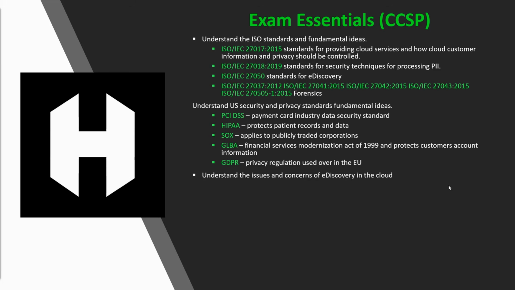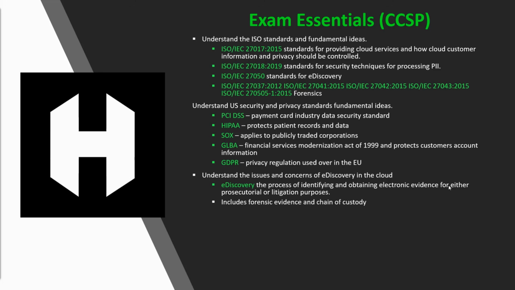Another exam essential that Ben Malisow talks about is understanding the issues and concerns of e-discovery in a cloud environment. Now, e-discovery is the process of identifying and obtaining electronic evidence for either prosecuting or litigation purposes. And it also includes things like forensic evidence as well as having a chain of custody. Also, make sure you have an understanding of the audit processes and methodologies. Understand what audit scope and gap analysis is.